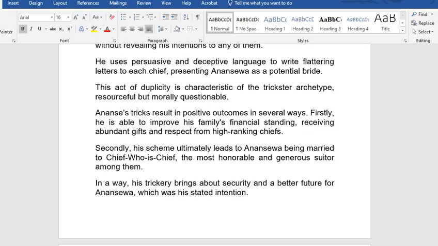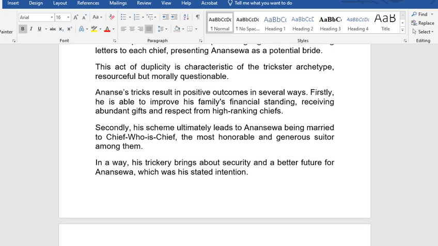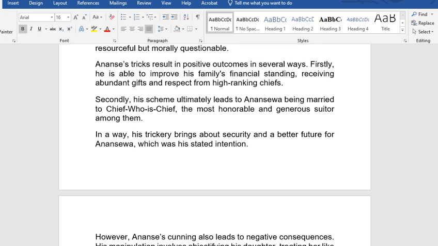He uses persuasive and deceptive language to write flattering letters to each chief, presenting Anansewa as a potential bride. This act of duplicity is characteristic of the trickster archetype, resourceful but morally questionable. Ananse's tricks result in positive outcomes in several ways.